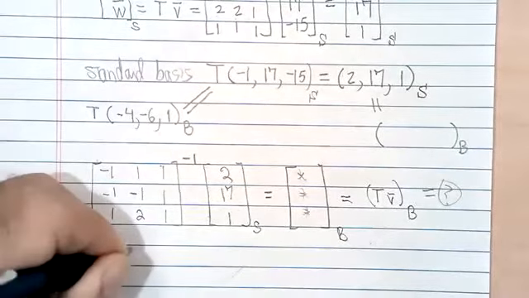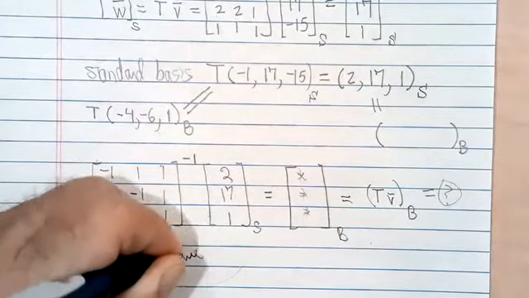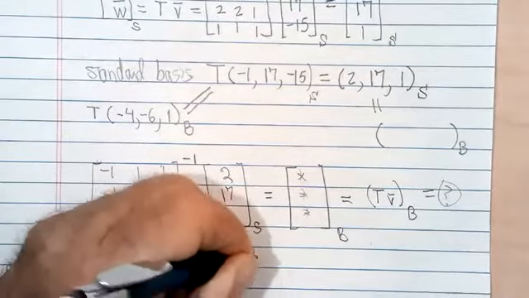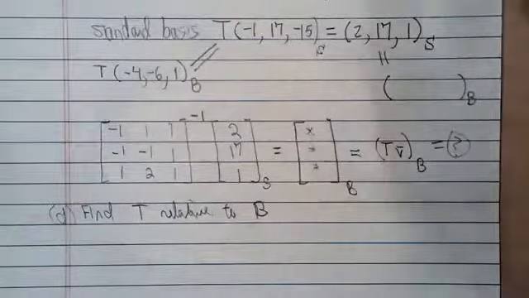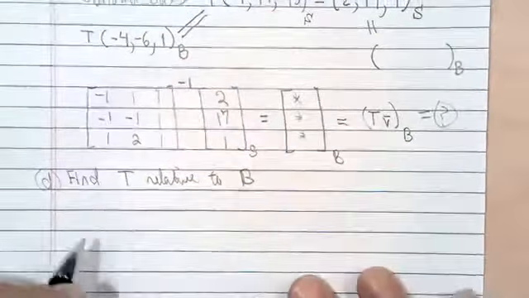Now part D says this. Find T relative to B. And maybe this is a really hard problem if you don't know the trick. But what you're supposed to think of is this.